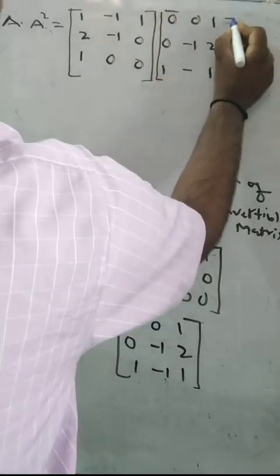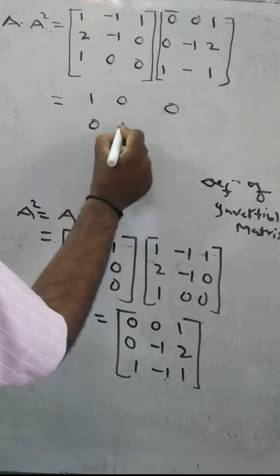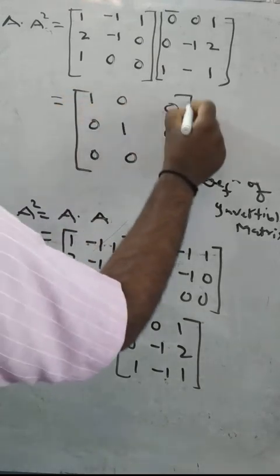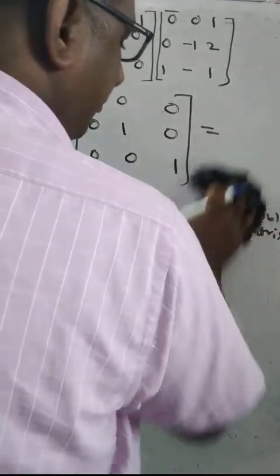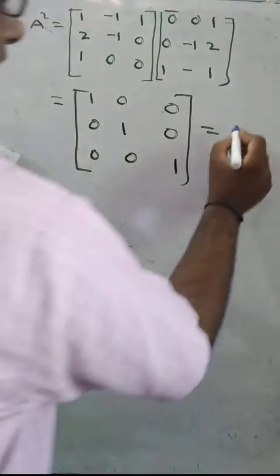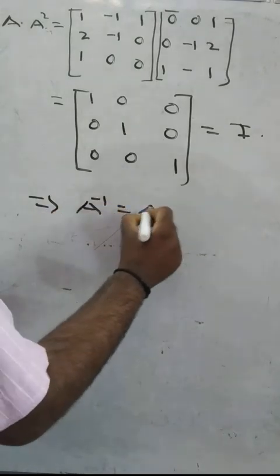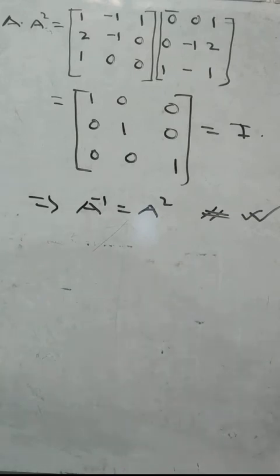In this way, you can see the value of this is 1, 0, 0, 0, 1, 0, 0, 0, 1. So the product is obtained as identity matrix. So we can confidently say that A inverse is equal to A square.